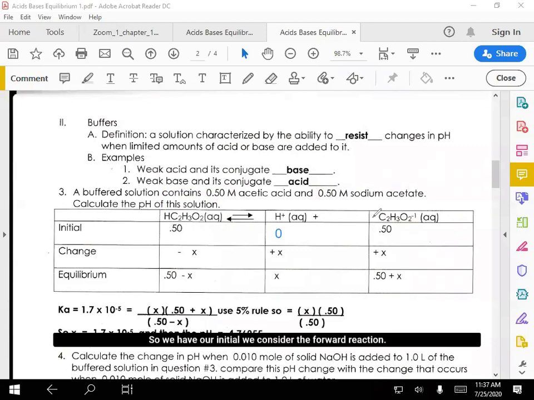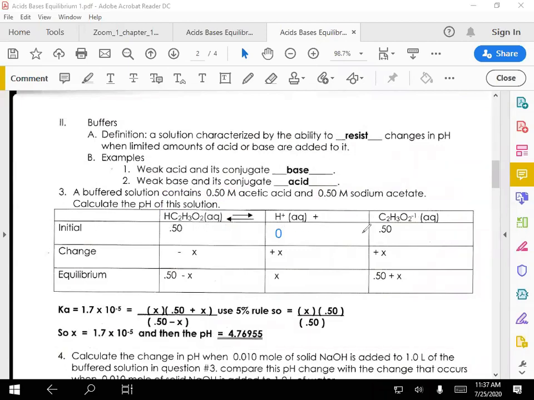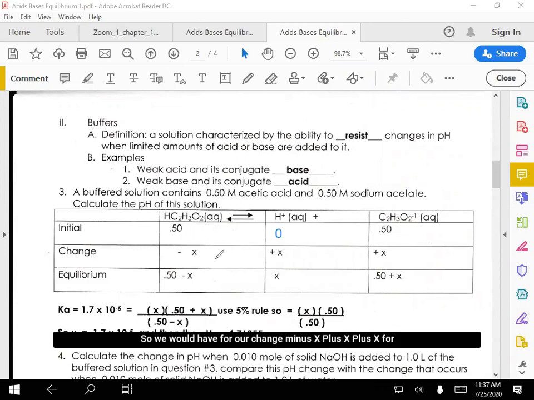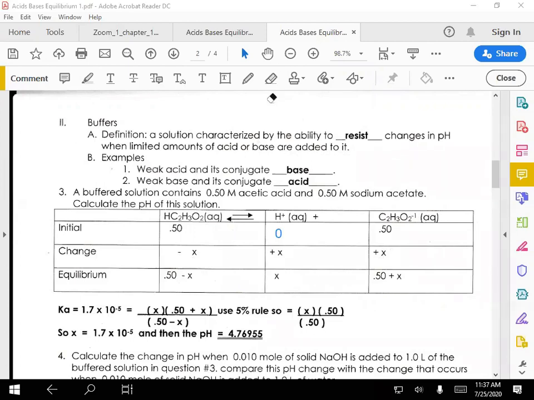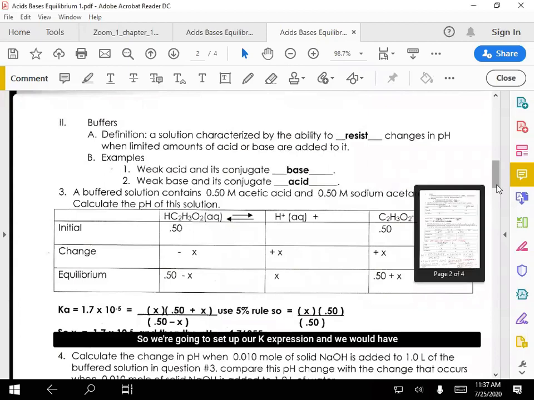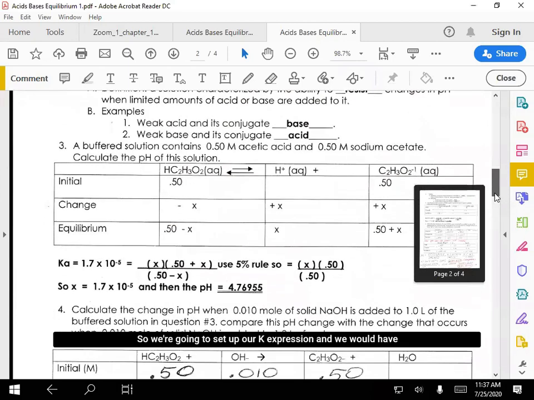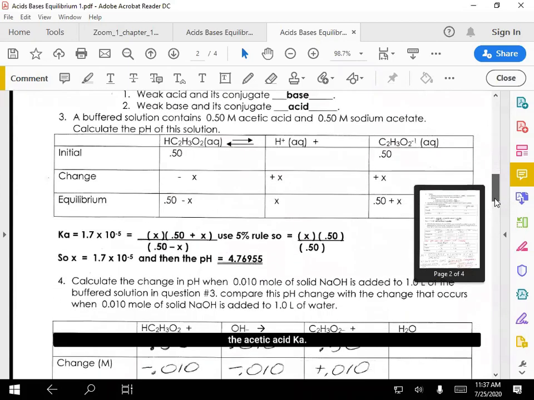So we have our initial, and we consider the forward reaction. So for our change we would have minus x, plus x, plus x. For the equilibrium, we would have 0.50 minus x for acetic acid, x for our hydrogen ion, and 0.50 plus x for the acetate. So we're going to set up our K expression, and we would have the acetic acid Ka.